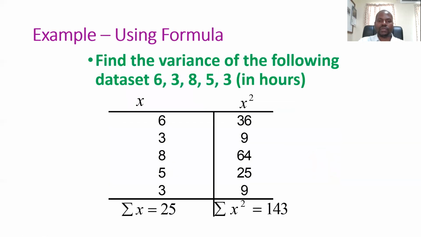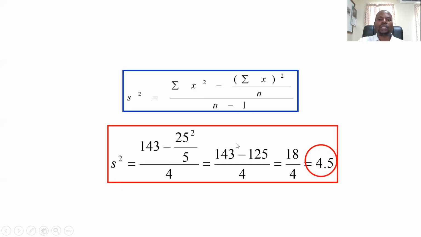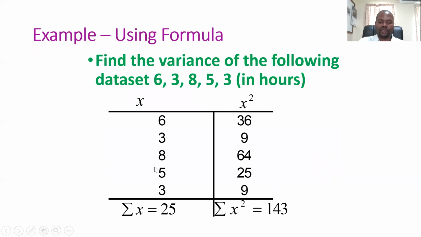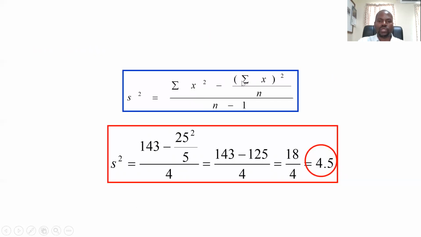Because we now have the raw sums of squares, we know that the summation of x squared is just 143. And the summation of x is also given here, 25. So what you are going to do, you just have to square 25 and divide by n. And then below there, we divide by n minus 1.